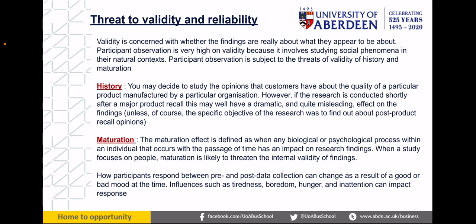And this may actually have an impact on the research findings, when there's maybe a psychological effect, like boredom or tiredness or maybe loss of a family member, or loss of profit or revenue. Those things can actually affect the findings because of the state of mind of the participant at that given time. There's a chance that this may affect the validity of your research.